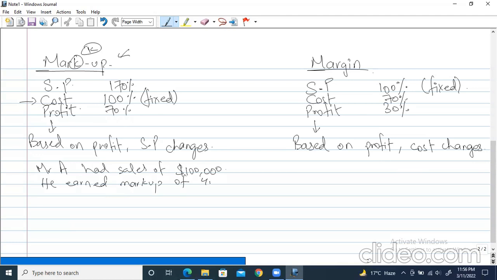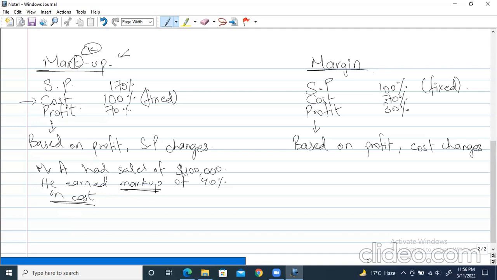of 40% on cost. Even if the question does not use the word markup or the word margin, I'll tell you how to pick which one to use. When you have to use markup, always find this phrase: some percentage of cost.